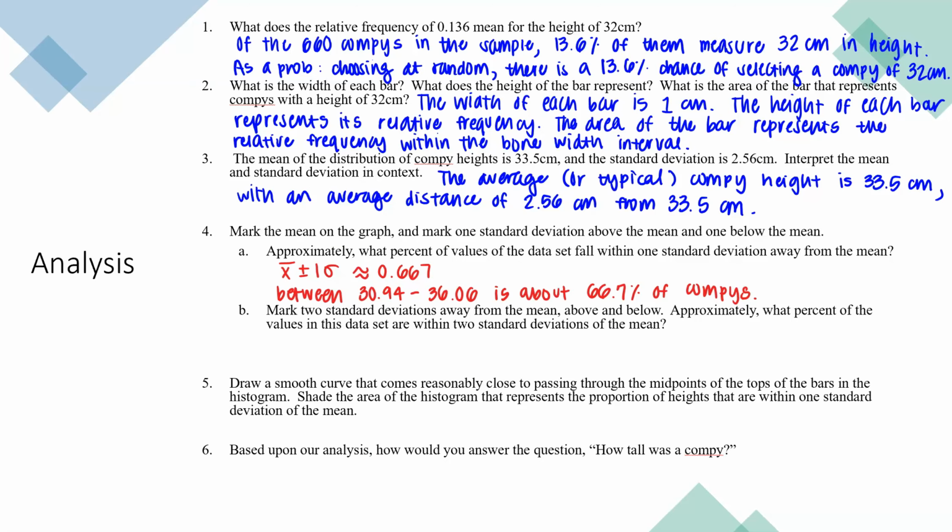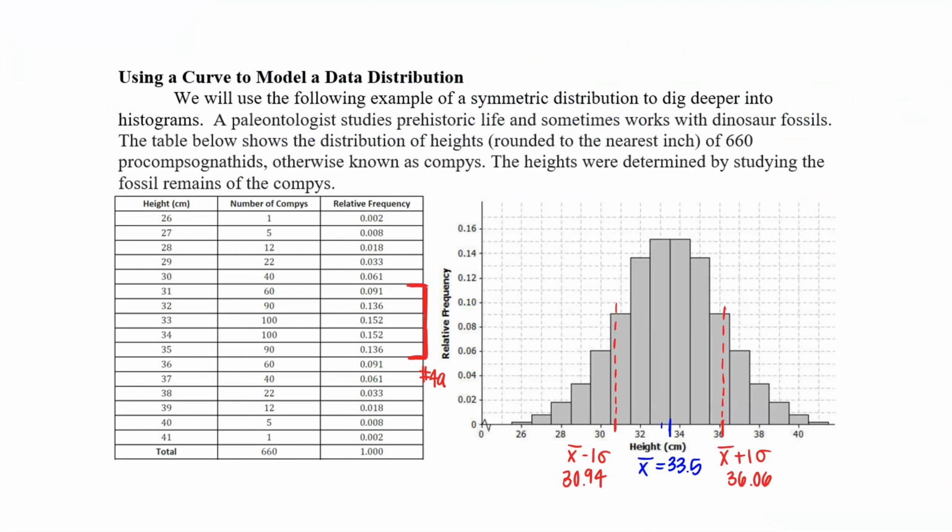Now that we've answered letter A, in letter B, mark two standard deviations away from the mean, above and below. Approximately what percent of values in this dataset are within two standard deviations of the mean? Again, going back to our graph and our relative frequency table. From the mean of 33.5, I'm going to add 2.56 plus 2.56 to get 38.62.